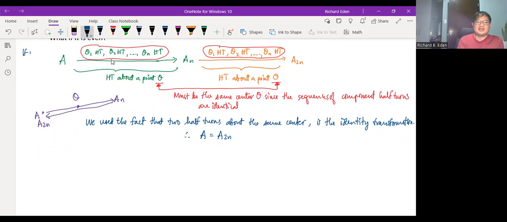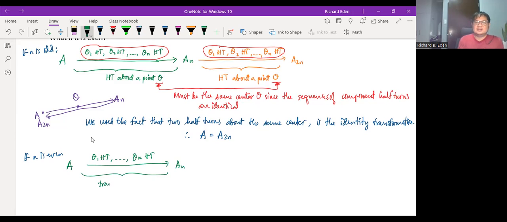So here, if n is odd, and then if n is even: when you start with A and do the O1 half turn until the O sub n half turn, you'll get A sub n, but that's the same as doing a translation along a vector v.